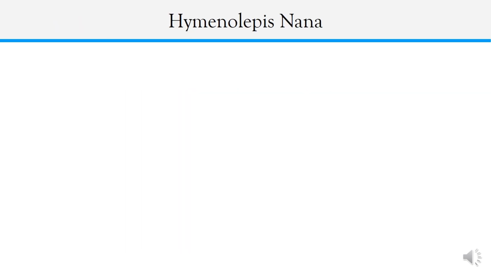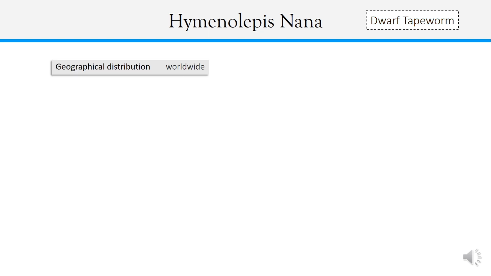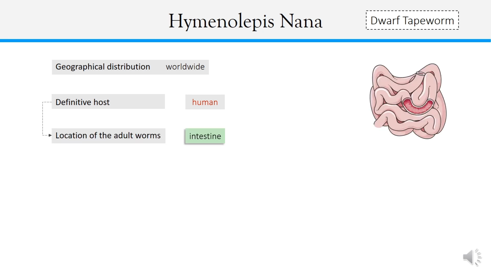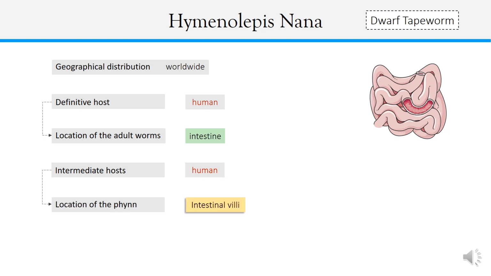Now let's speak about another parasite that is called Hymenolepis nana, or dwarf tapeworm. Geographical distribution is worldwide, the definitive host is human, and the location of the adult worm inside of the human body is intestine. The intermediate host also, unfortunately, could be human, and the location of the fin, or immature form of the parasite, is intestinal villi.